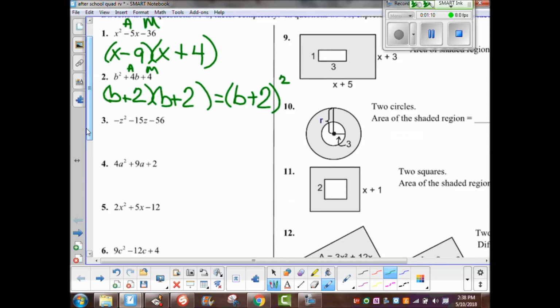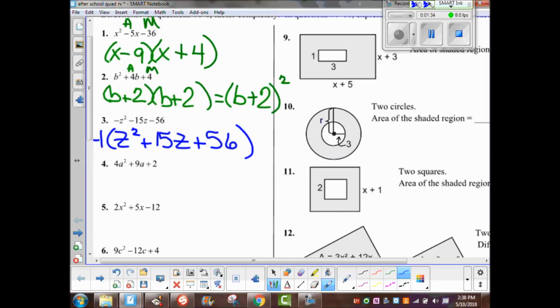In number 3, I've got a leading coefficient of -1. So in order to make my life a little bit easier, I would factor out that -1. Treat it as a GCF. So now I've got z squared plus 15z plus 56. Now factor the trinomial that's inside the parentheses.